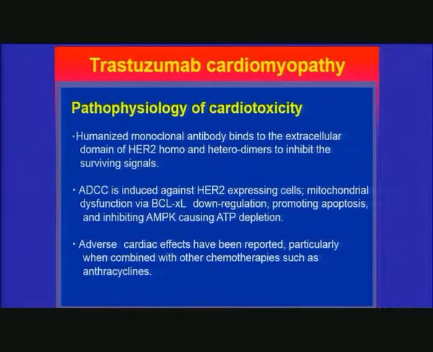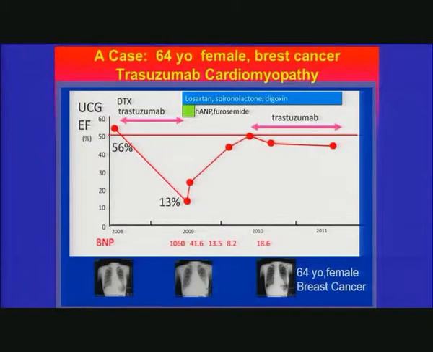Adverse cardiac effects have been reported, particularly when combined with other chemotherapies such as anthracycline. So the combination of anthracycline and Herceptin is a very complex pathway modulation in the cells.